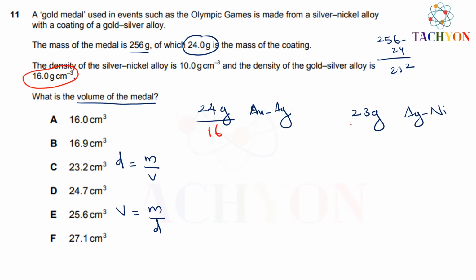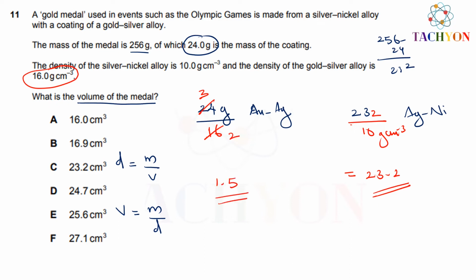The silver nickel alloy is 232 gram, and you can divide 232 gram with 10 gram centimeter cube inverse, that is the density. So this is going to be 23.2 volume, and for the coating, if you are cancelling with 8, 3 times 8 and 2 times 8, so 3 by 2 is 1.5.